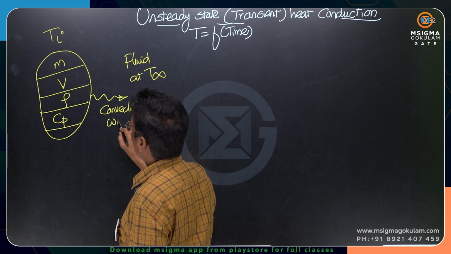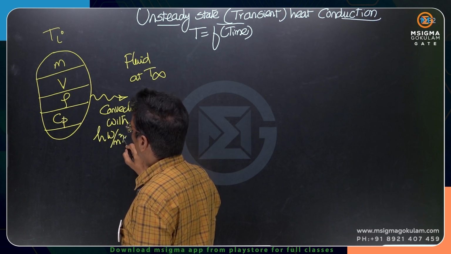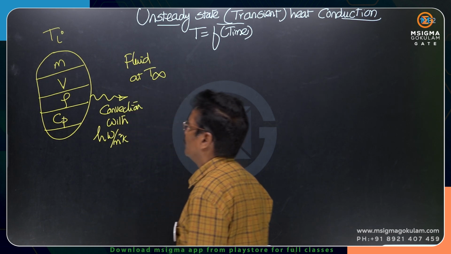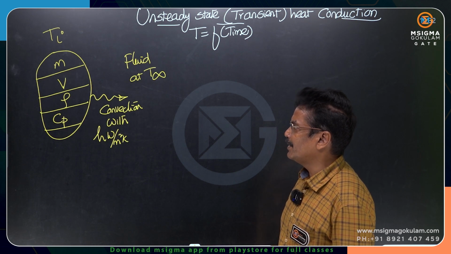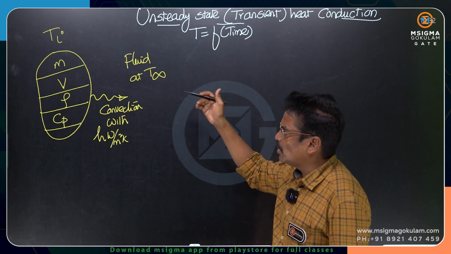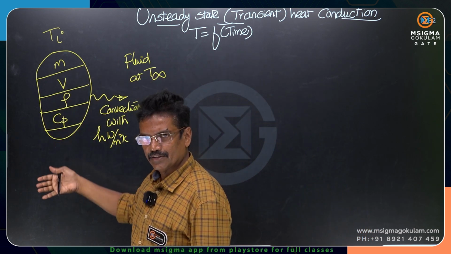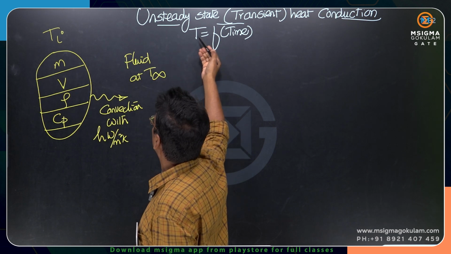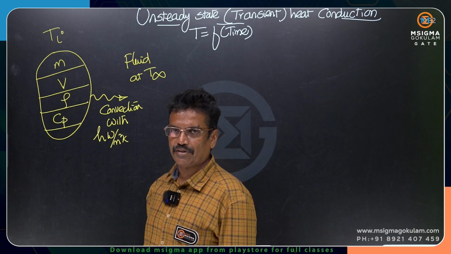Convection. Whenever we talk about convection, it is always denoted by what coefficient? Convective heat transfer coefficient h. The body keeps on losing heat to the ambient fluid at T infinity. Because of this heat loss, the temperature of the body keeps on decreasing. That means temperature of the body becomes a function of time. This is the best example to understand the unsteady state.